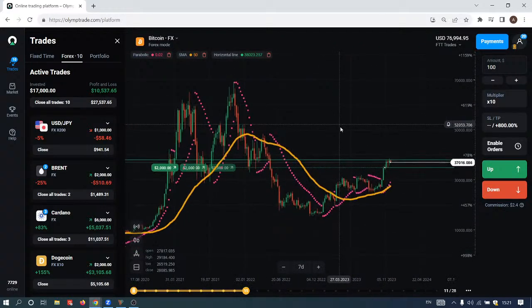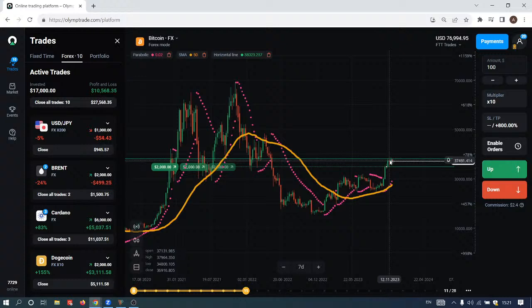If we switch to the one week time frame, we can see that we don't really have many resistance levels before 50,000. So 37, and then there aren't that many strong psychological levels. In order to reach 50,000, we need to gain pretty much 1/3 of the current price.